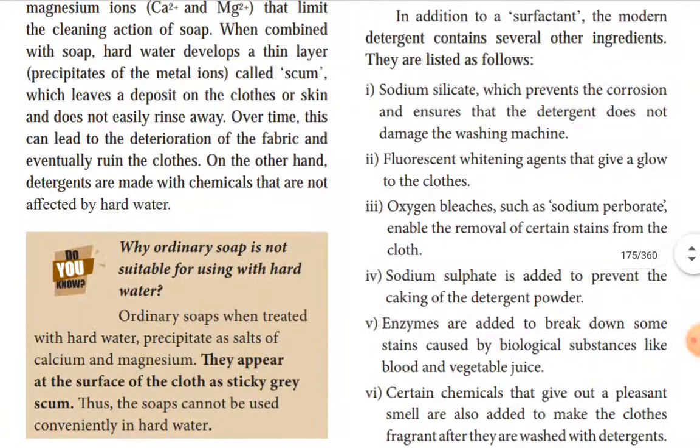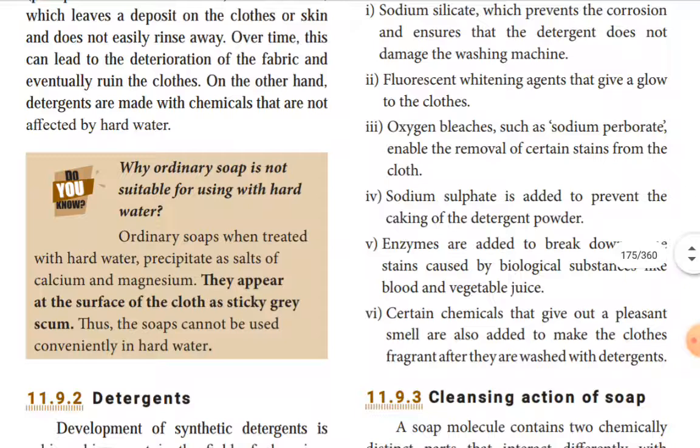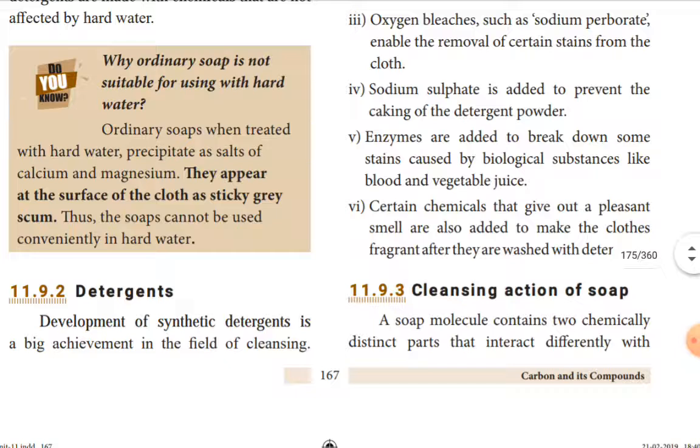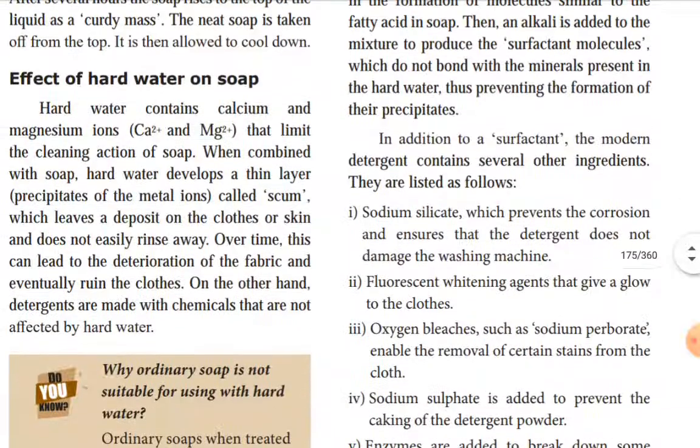First one is sodium silicate to prevent corrosion, fluorescent material to give glow to the cloth, then oxygen bleach to remove some stains, sodium sulfate to prevent caking of powder, enzyme to remove the biological substances, and then a pleasant smell or fragrance is added. So these are the six important ingredients added to the modern surfactant to prepare detergent powder.